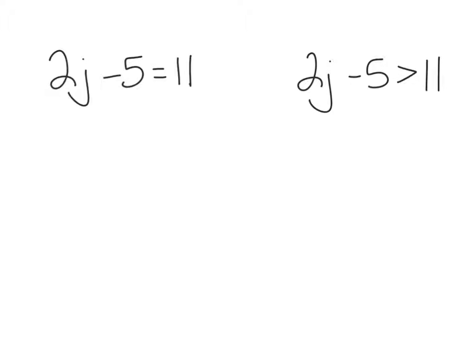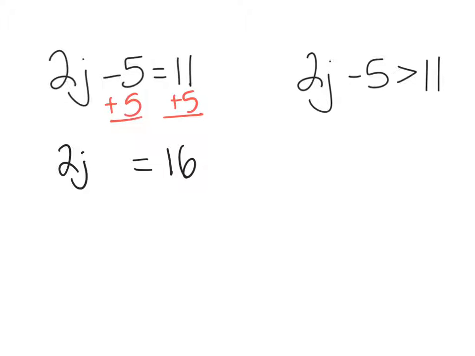Okay, on the left side, what do I do? Good. What's my next line? 2j minus 16. J equals 8.